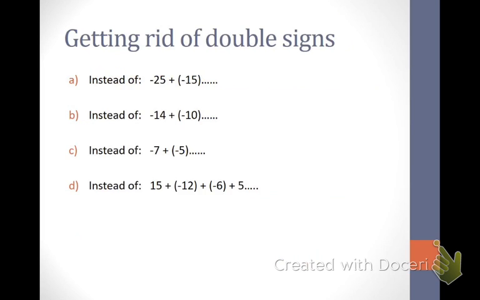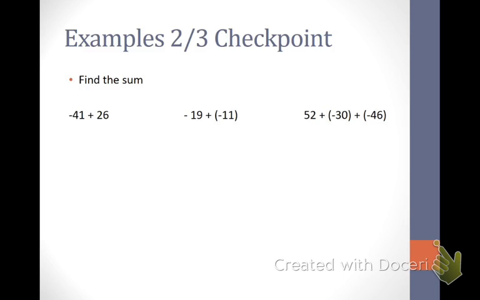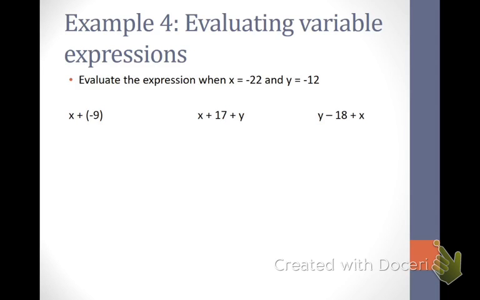All right. So we don't need to actually talk about getting rid of double signs because we've been doing it all lesson. We're going to move over to the checkpoint because we've already done a lot of practice. If you had me for math last year, we learned all that last year.